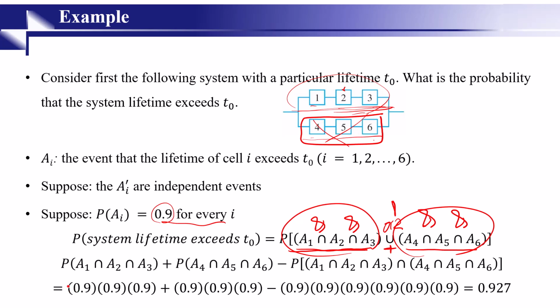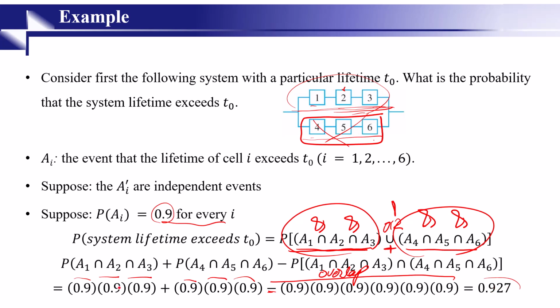So we can say 0.9 multiply 0.9 multiply 0.9 plus 0.9 multiply 0.9 multiply 0.9, minus, then we will remove the overlap. So this is the overlap. So what happens here? The probability of A1 cap A2 cap A3 plus probability of A4 cap A5 cap A6 minus the overlap, right? Which gives us 0.927.